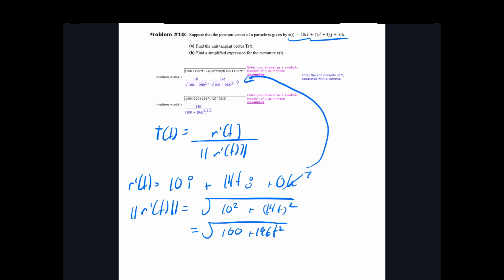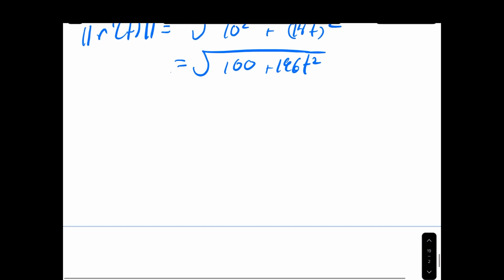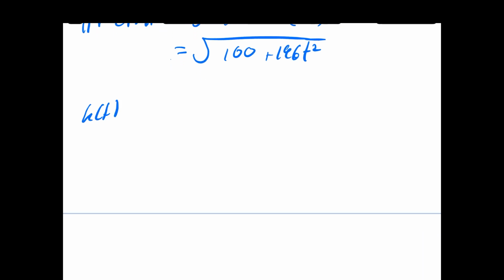There are two equations present on our formula sheet. Let me find it again. Yeah, so we have kappa at t equals the norm of T prime at t over v at t. Okay, so we found T at t.